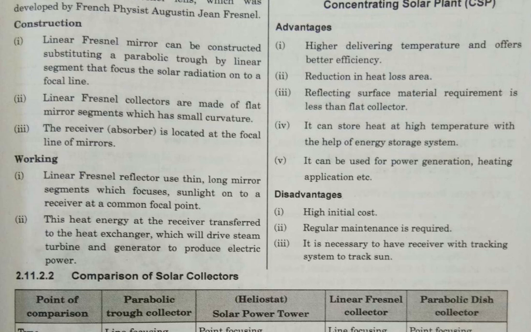So the initial cost is very high. Again, you are using lenses and mirrors, so you have to keep them clean, so maintenance will be high, and it is necessary to have a receiver with a tracking system in order to track the sun. So you will need a tracking system.